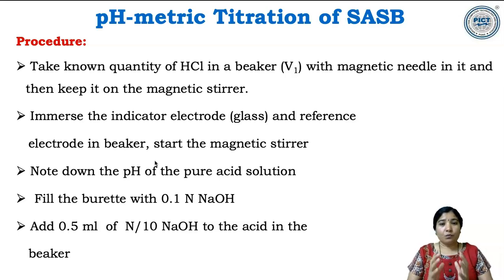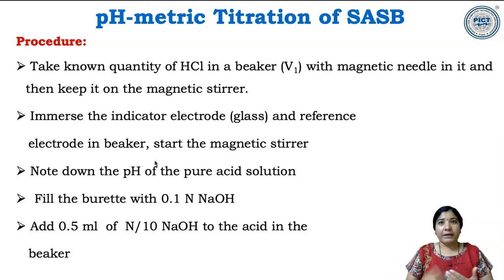This is one thing, and another is we have to fill the burette with 0.1 normal NaOH. So here we are filling the burette with a known normality of NaOH solution, and then we add that N by 10 NaOH, or known normality NaOH solution, slowly.